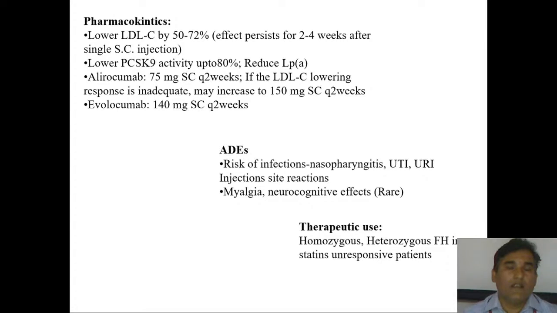LDL concentration decreases by about 50 to 70%, and PCSK9 activity is lowered by up to 80%. Alirocumab 75 mg subcutaneously is effective for 2 weeks. Otherwise, it may be increased up to 150 mg.